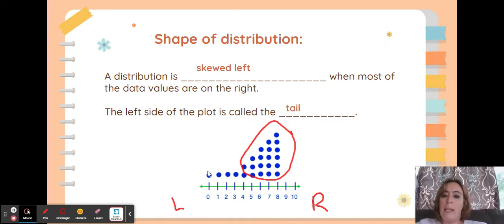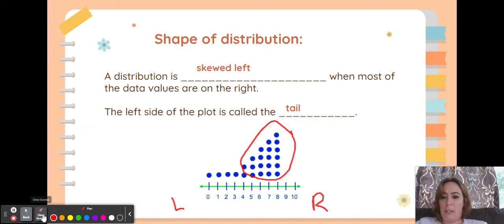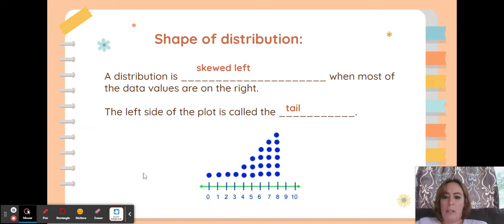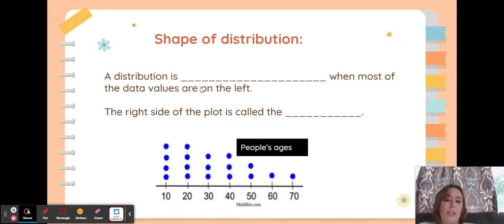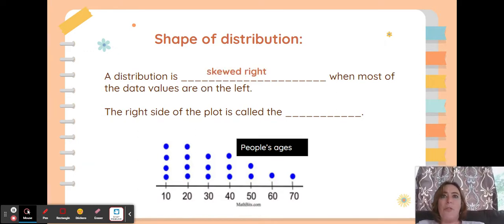We call this end here the tail. The left side of the plot is called the tail. All right, let me clear my screen. Let's go to the next one. A distribution is skewed right. Now remember, it was skewed left when most of the data was on the right side.